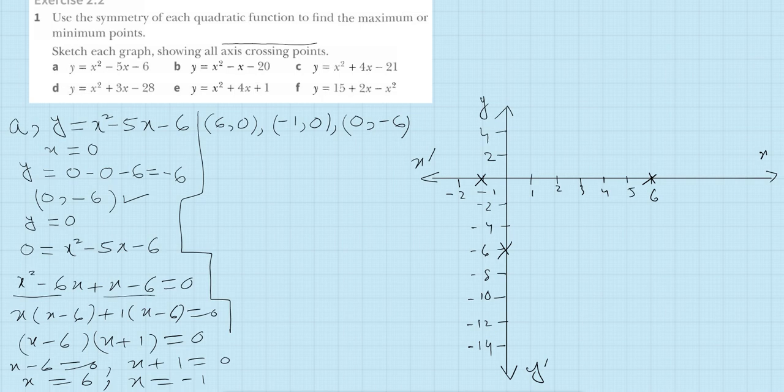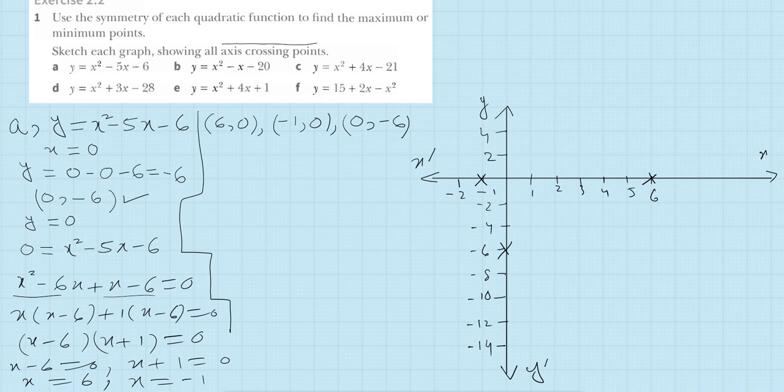Now after showing all 3 axis crossing points on the graph paper, we have to draw the line of symmetry. How can we draw the line of symmetry? It's very easy. Focus on both the points on the x-axis.